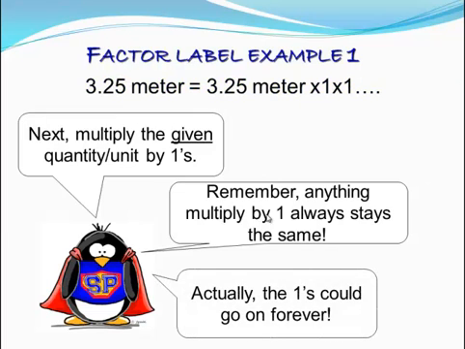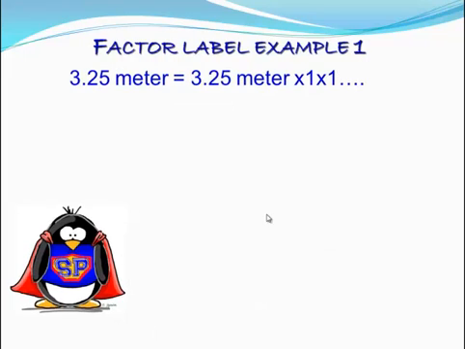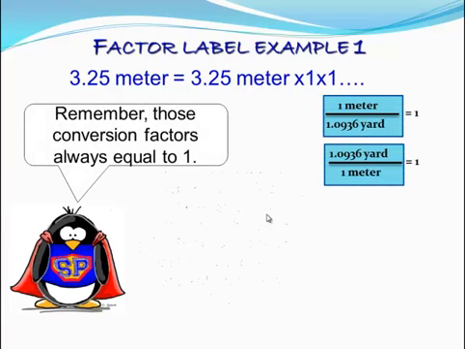So it's 3.25 meter equals 3.25 meter multiplied by 1. Actually, the ones could go on forever, because mathematically anything multiplied by 1 still equals anything. So now we have 3.25 meter equals 3.25 meter multiplied by 1 multiplied by 1.